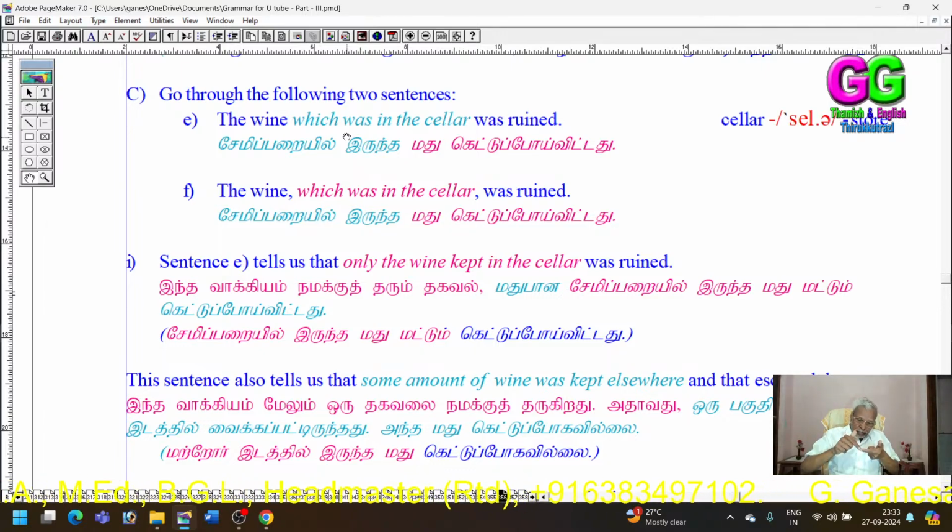But when it is used as a non-defining relative clause, the entire wine was kept in the cellar and the entire wine was ruined.